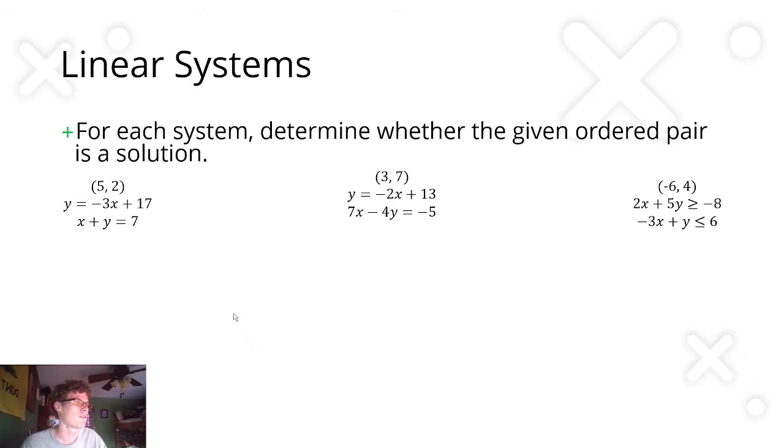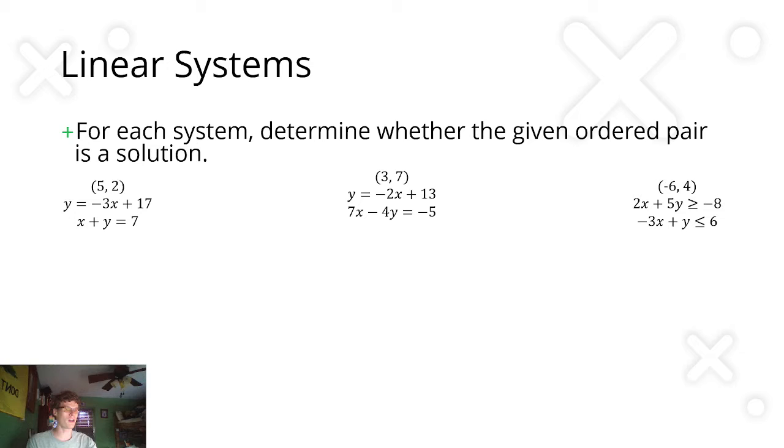All right, first off, linear systems. So, with linear systems, we have two different equations and we are trying to find what the particular solution is to each equation, okay? So first off, we have a set of ordered pairs for each of these sets of equations. What we're trying to do is figure out what the solutions are for the following equations.